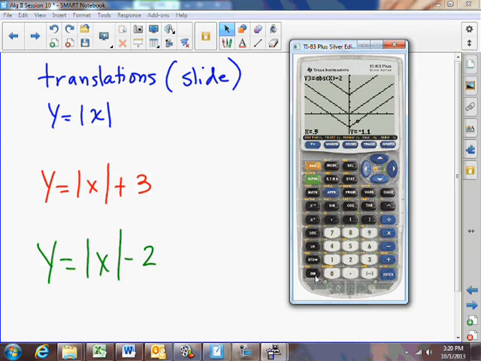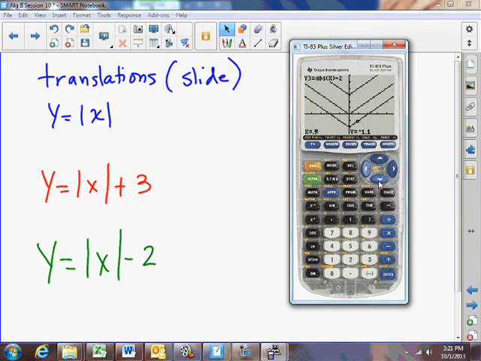And then y is equal to the absolute value of x plus 3 is the V that is moved up 3 units. Actually, we can do that. Notice the blinker is on this graph up here, and in the right-hand corner of the calculator, it's telling you that that is y is equal to the absolute value of x plus 3. And then the one that's down is y is equal to the absolute value of x minus 2.